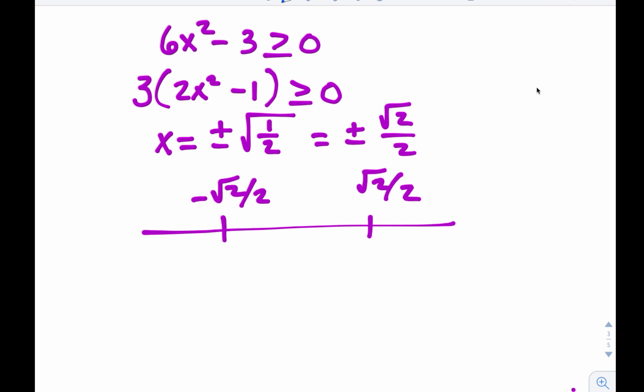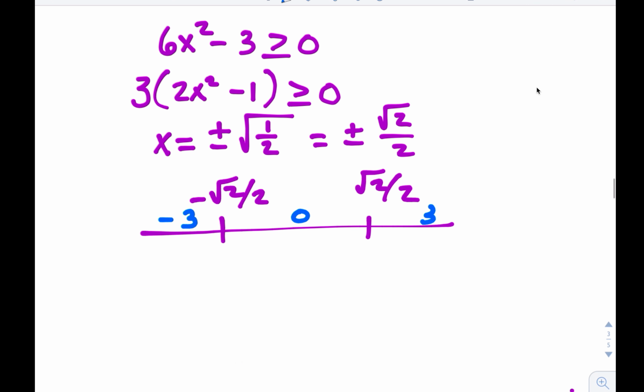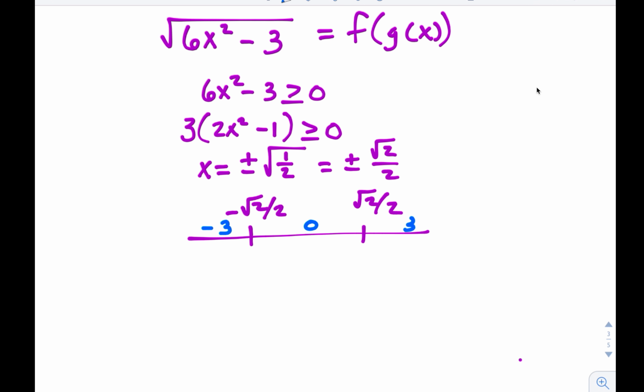All right, so say I can plug in, say, like -3, plug in 0, try 3. Okay, so again, I want to make sure that it's going to come out to be positive. So if I plug in -3, that's going to be positive. If I plug in 0, negative, plug in 3, also positive.